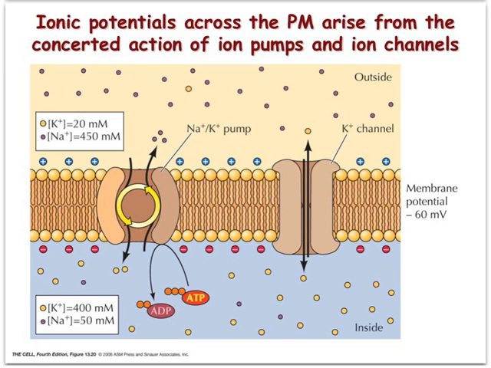This pump continuously brings potassium ions into the cell while moving sodium ions outside the cell, therefore moving both sodium and potassium ions against their concentration gradient across the membrane. And this is what defines this mode of transport of ions as active transport: the fact that these ions are being moved against their concentration gradient.